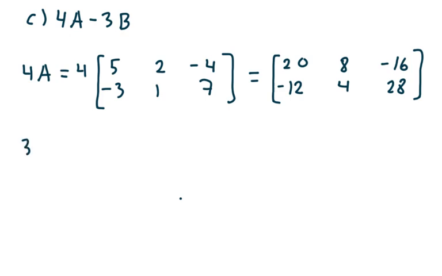Now let's take 3B. This is 3 times the matrix negative 2, 4, 5, 1, 9, 4.